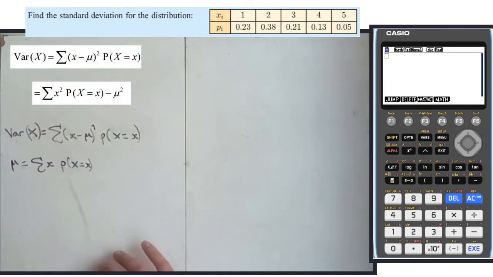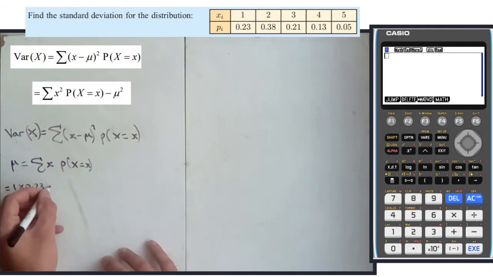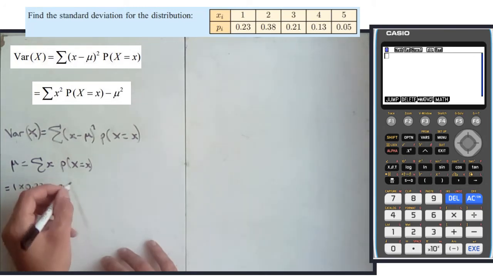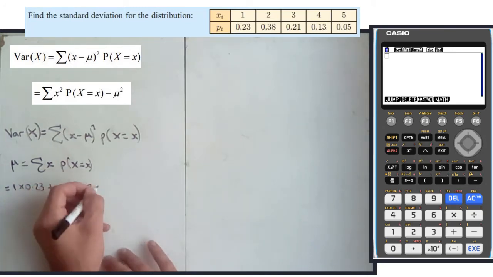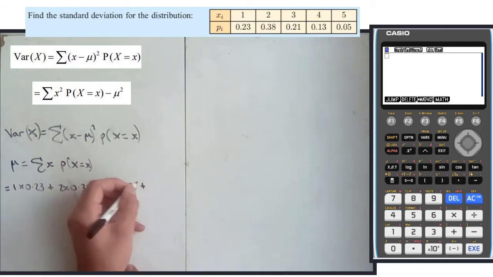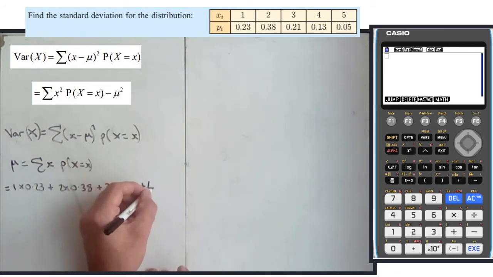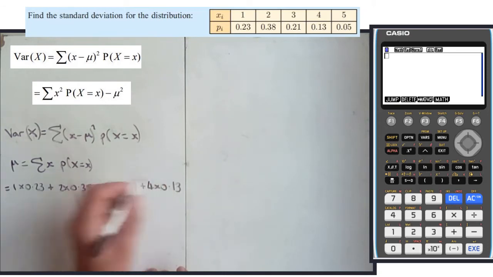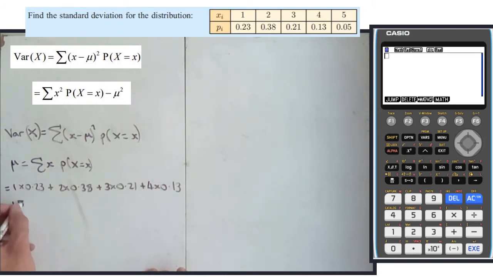That would equal 1 times 0.23 plus 2 times 0.38 plus 3 times 0.21 plus 4 times 0.13 plus 5 times 0.05. Let's just work that out.